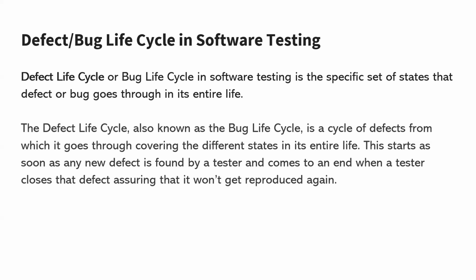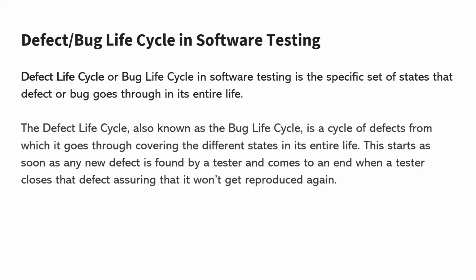So in the defect life cycle, the defect will cover all the entire states. This will start, guys, as soon as a new defect is found by the QA engineer and comes to an end when a tester closes that defect, assuring that it is not reproducing again, assuring that it's working fine.